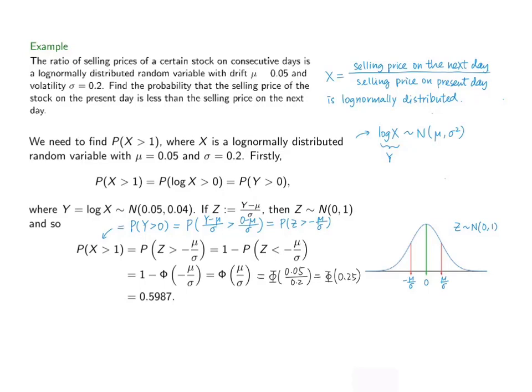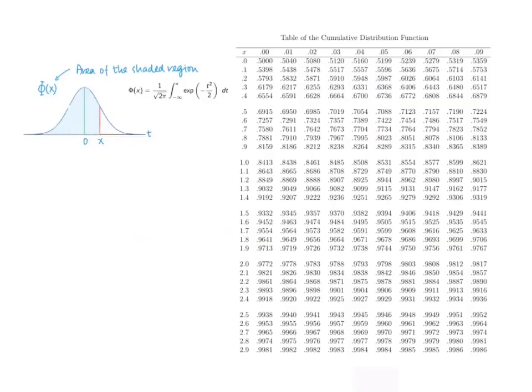By referring to the table of cumulative distribution function for the standard normal random variable, we get the value 0.5987. The following is the table of the cumulative distribution function for the standard normal random variable.